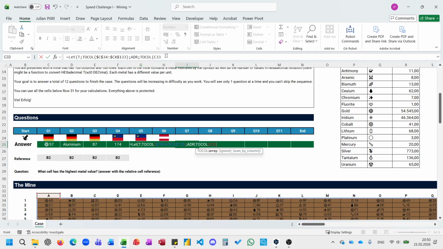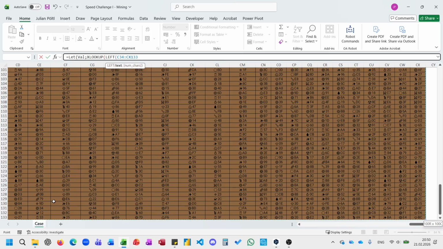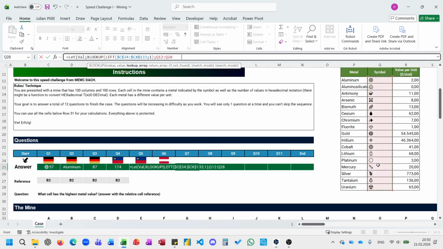Oh no. Let's do it differently. Value is XLOOKUP of LEFT 1 in here, returning the unit.